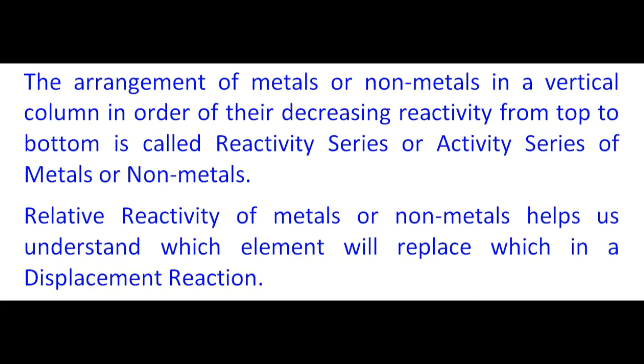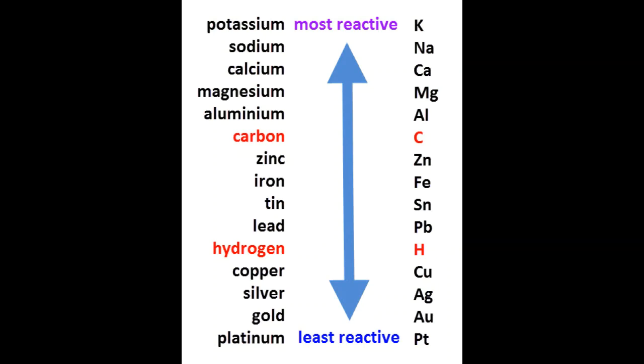Look at the series. Here you see why I am telling that actually it is a reactivity series of both metals and non-metals, because you have seen in red letters carbon and hydrogen here, which we place among the metals in this reactivity series to show which one is more reactive than the other so far as elements are concerned.